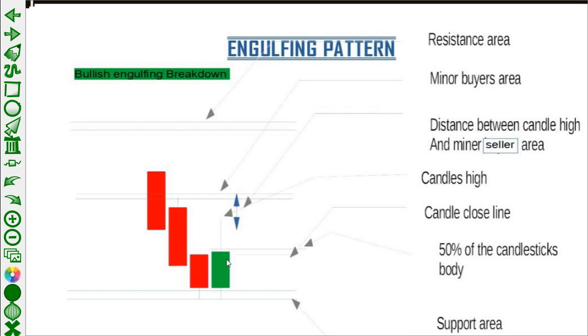The candlestick should close above the 50% line, and the length of the wick should not be more than 30%. So it failed my conditions, so I'm not going to take a call option here. Why? Because it closed below the 50% line of the candle, and the length of the wick is more than 20 to 25%.